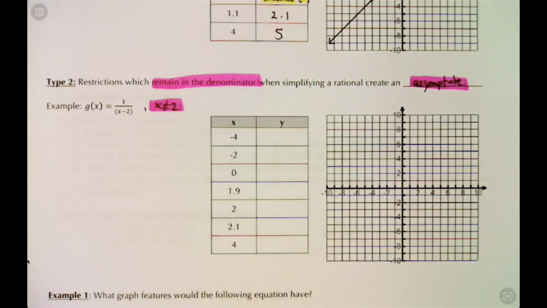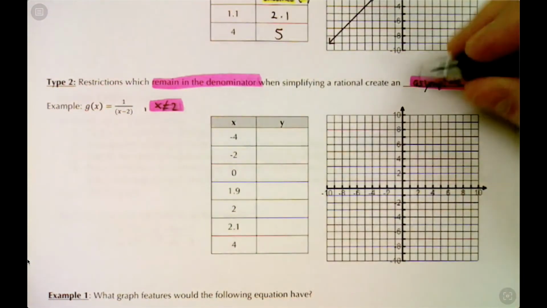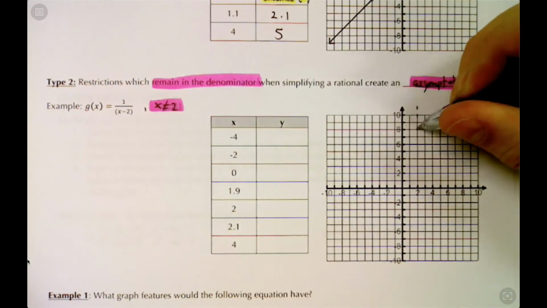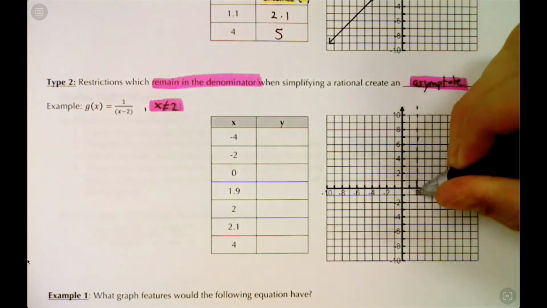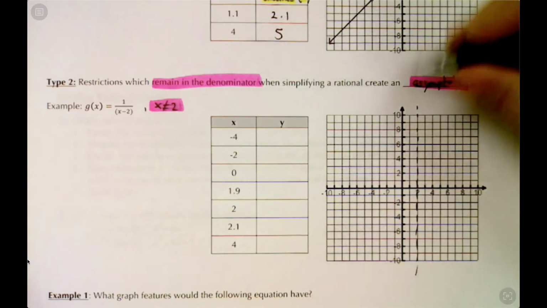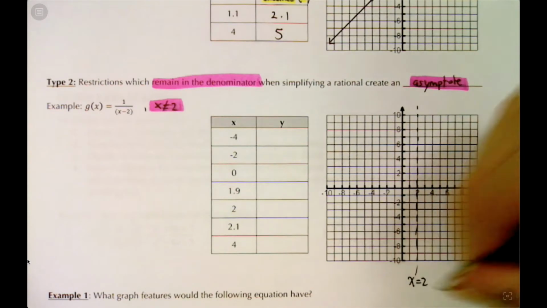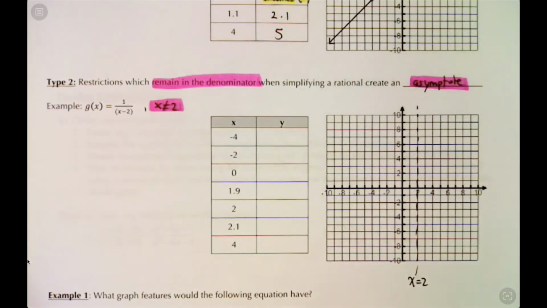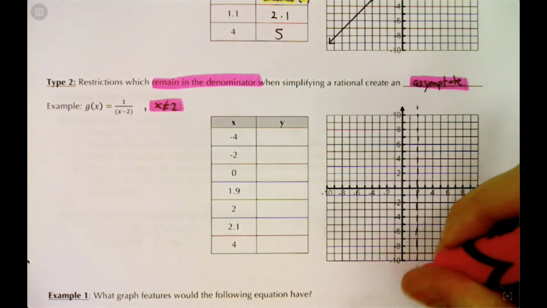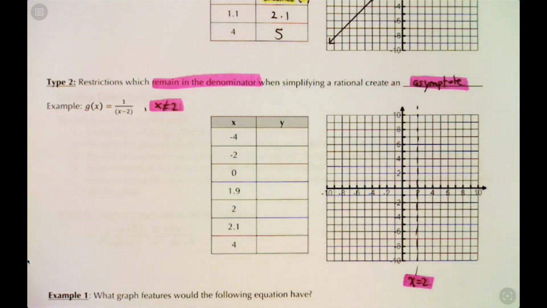An asymptote at x equals 2. So I'm going to add that to my graph. And then I'm going to show you how and why based on points around 2. There's my vertical asymptote.